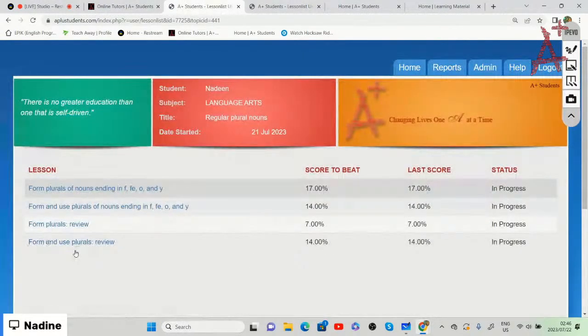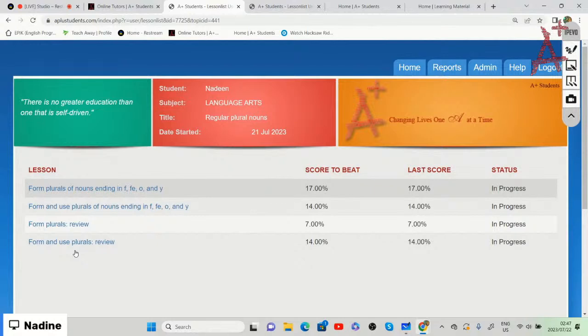All right, so now we're going back, and that is basically the lessons that we covered, which is forming plurals of nouns ending in f, fe, o, and y, right? And we see that if our singular forms end in other ways, then we add only an S, right?